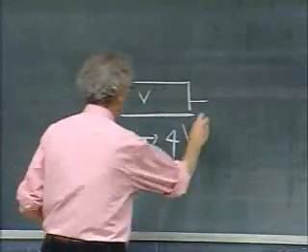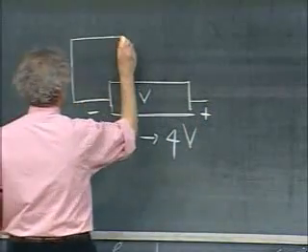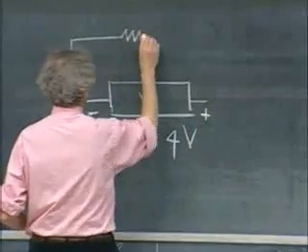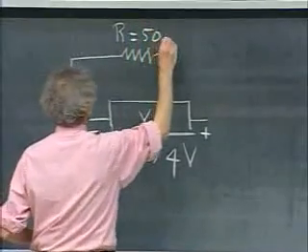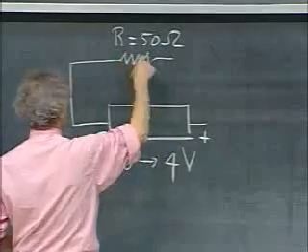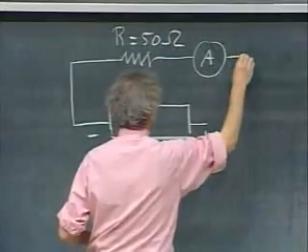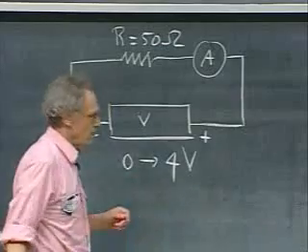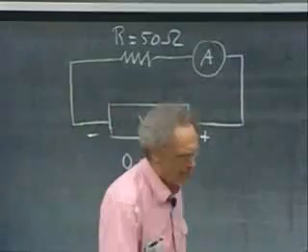This is the plus side, and this is the minus side. I have connected it here to a resistor, which is 50 ohms. We use this symbol for a resistor. And here is a current meter. And the current meter has negligible resistance, so you can ignore that.